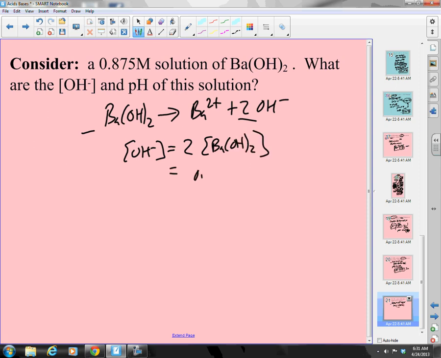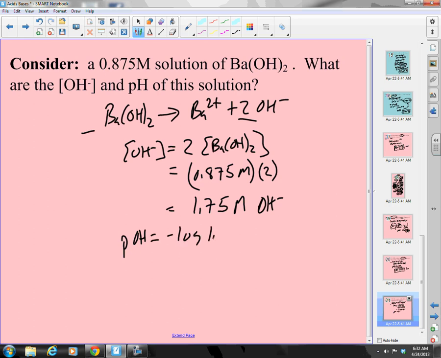So 0.875 molar times 2 is 1.75 molar hydroxide. Then pOH equals negative log of 1.75.